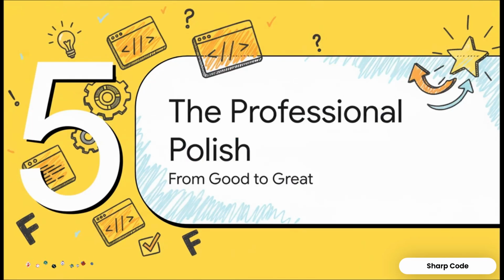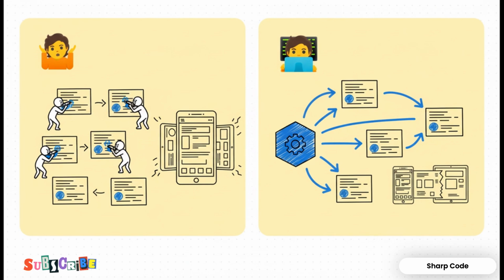Okay, you've got your language down, you've got a plan for your architecture, and you understand state. Now let's talk about the finishing touches, the professional polish that really separates the good apps from the great apps. Here are two classic tells of a junior developer. First, hard coding things like colors and font sizes all over the place. A pro puts those values in one central place using const variables.